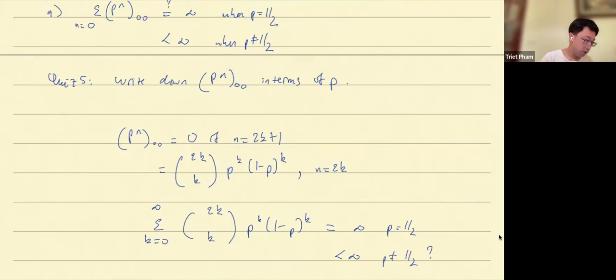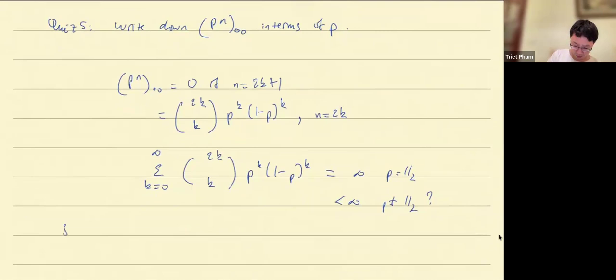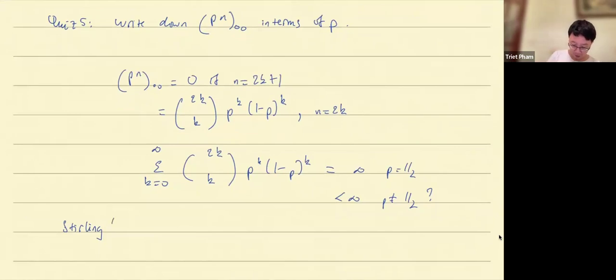So here we need to use something called Stirling's approximation. I'm not sure whether it's a calculus result or a combinatoric result, but we want to use the approximation for the factorial, because we need to somehow see what this is when k is large.